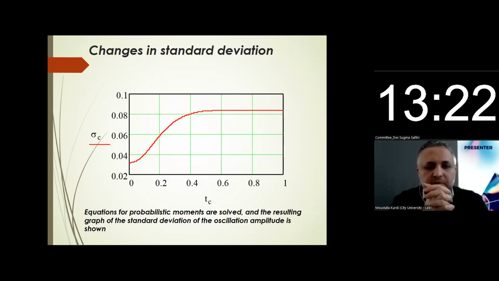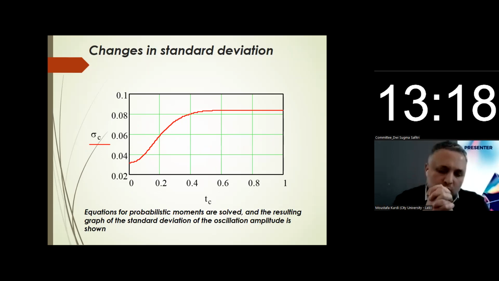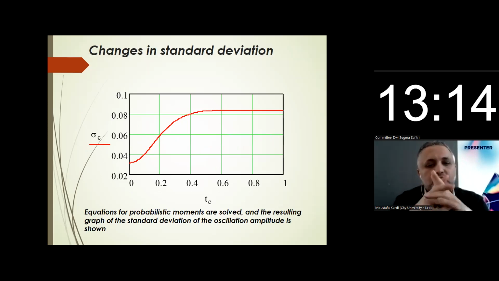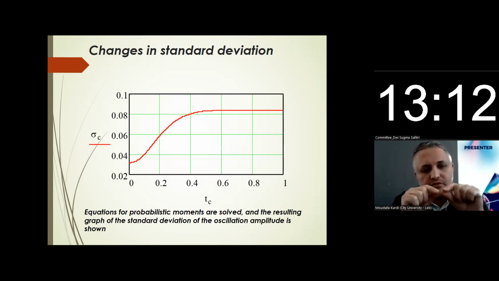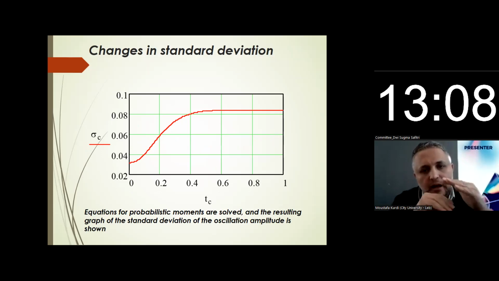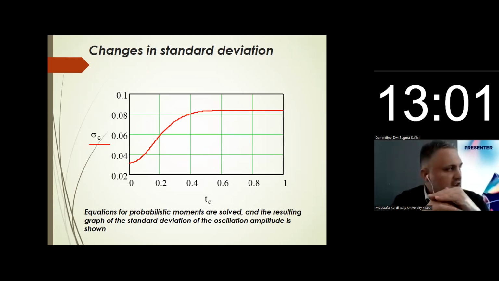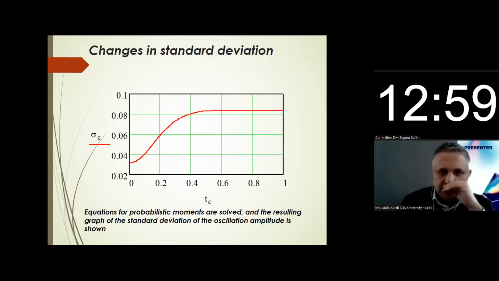This figure presents the change of probabilistic moments which we solved, and the resulting graph of the standard deviation of oscillation amplitude starting from about 0.03 at point 0 and going up to about 0.8 at around t of 0.5, then continuing as a straight line.